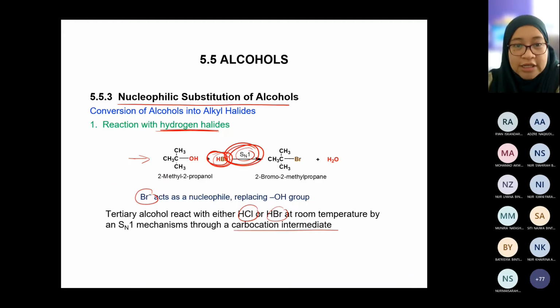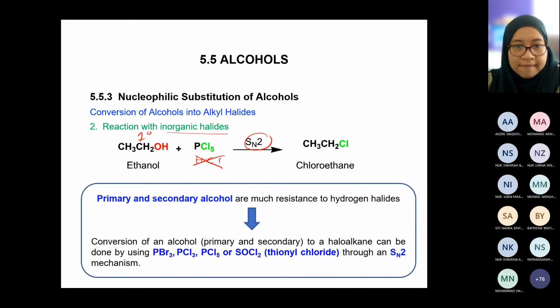Macam SN1 just now, we can use HBr. Okay, but SN2, we cannot simply use HCl. Kalau HBr ataupun HCl lah, tak boleh pakai hydrogen halide. We have to use this reagent. It is known as inorganic halide. Because why? Dia able to supply Cl dekat situ. Okay, sebab dia nak attack kan.